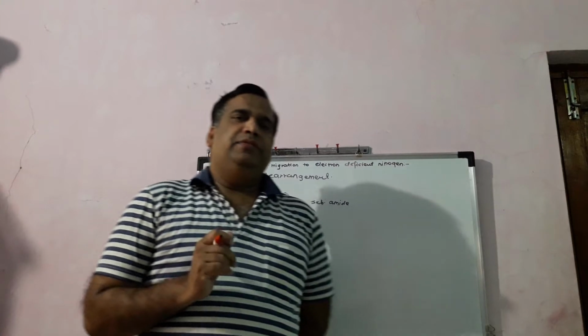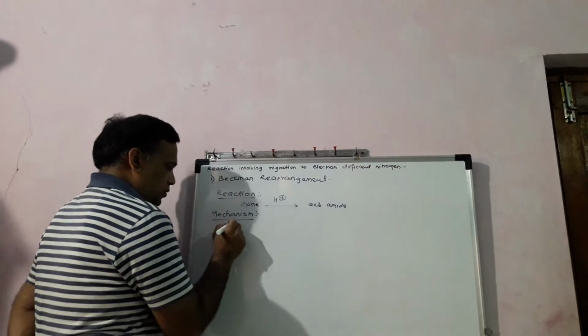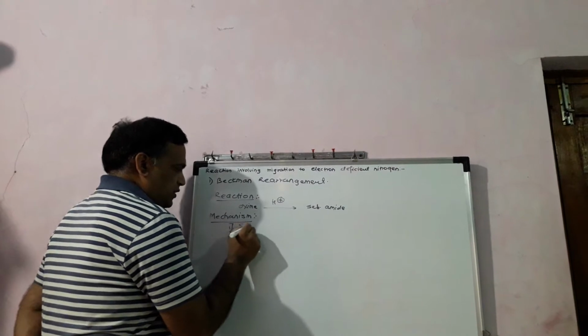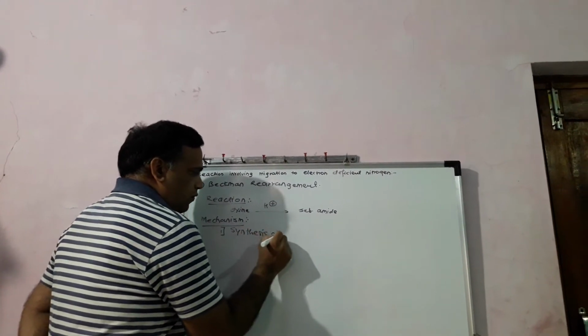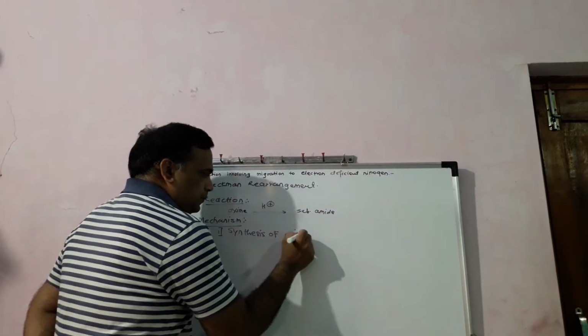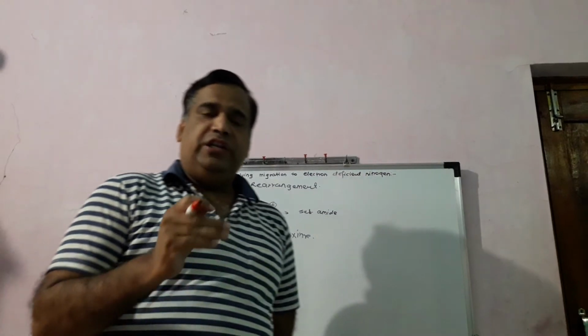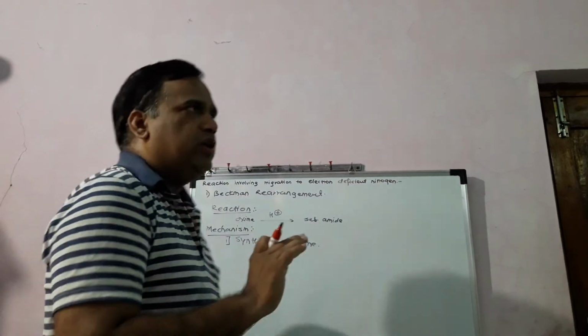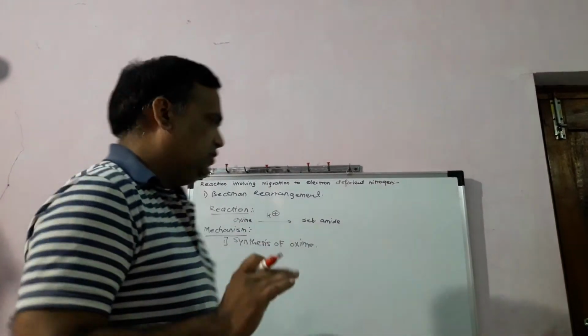In the Beckmann rearrangement, the mechanism is carried out in two steps. In the first step, we have to synthesize the oxime. Generally, for synthesis of oxime, we use either a ketone or an aldehyde, a carbonyl compound.